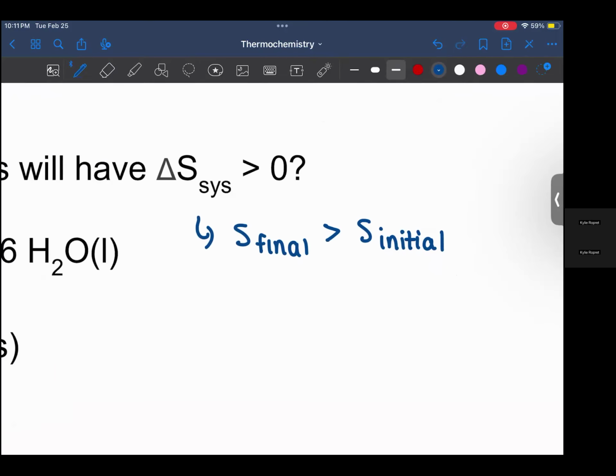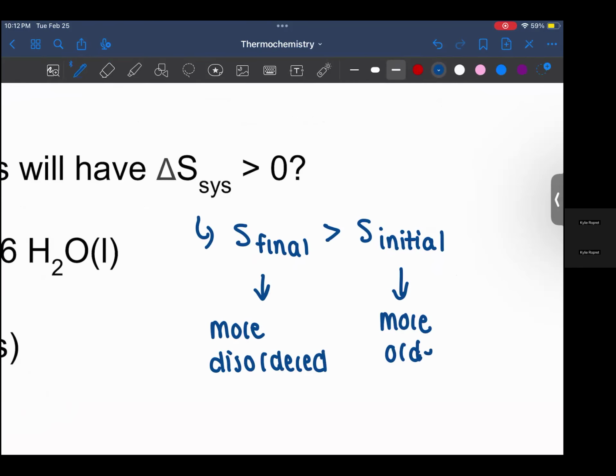And so remember that a higher entropy means more disordered, and then the lower entropy will mean more ordered. So let's go through each of these scenarios and see which one of them fits that.